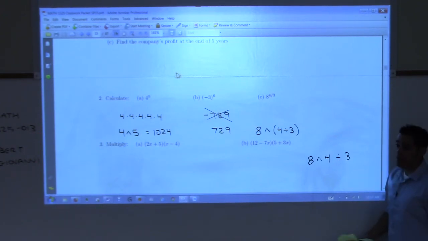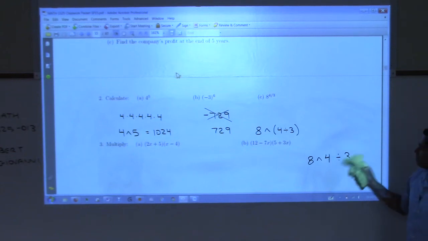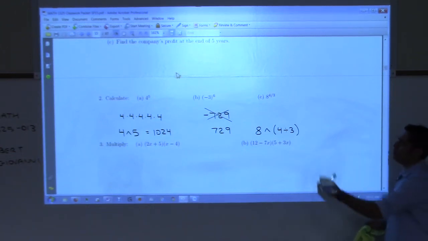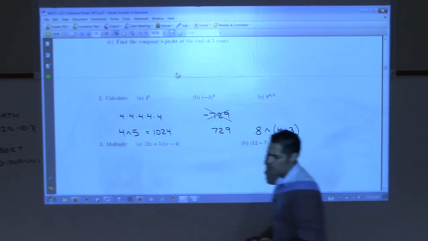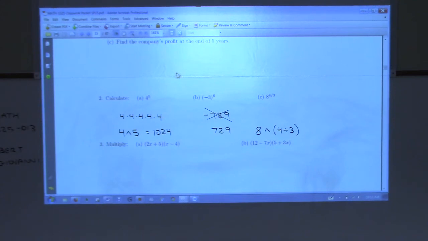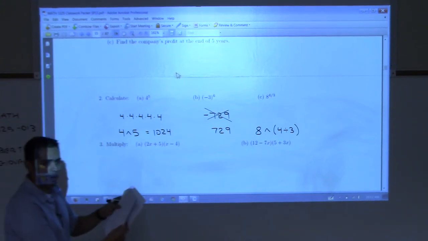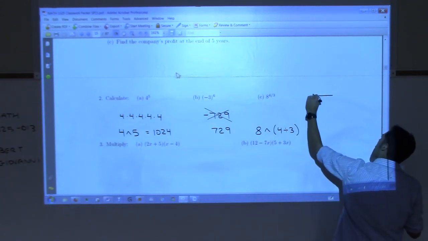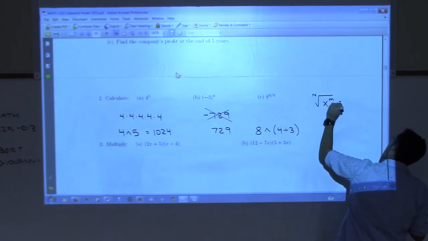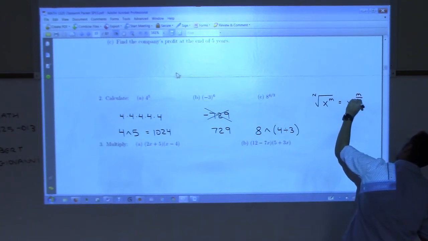So what did you get? 16. Now there's another way to understand what that is without using a calculator, and that's to understand what a fractional power actually means. So let's see if this is on your formula sheet. Look at page 1 again, and there's something here at the top under the exponents formulas, and it says this. See that?